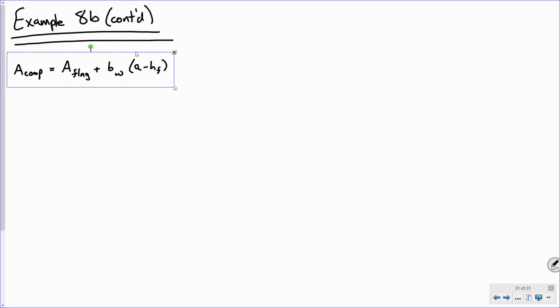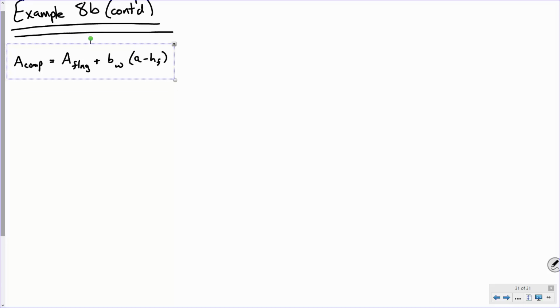All right. So, is everybody okay with this expression right here? Everybody okay with this? So, what I'm going to do is solve now for A. Okay, I subtract this over here. So, if I subtract, I get A compression minus A flange equals BW times (A minus HF).